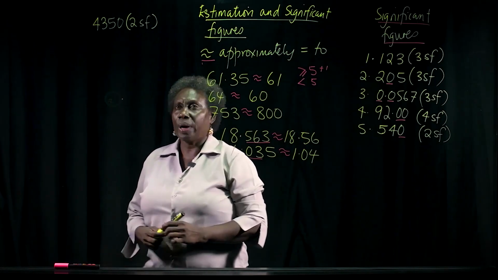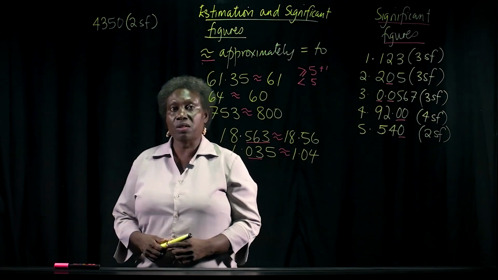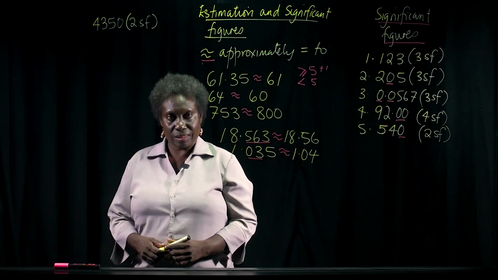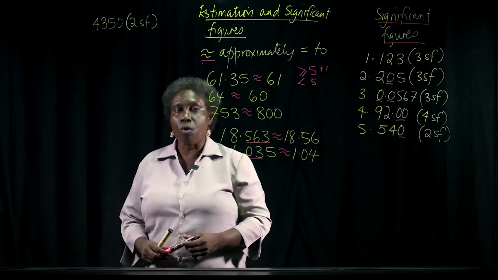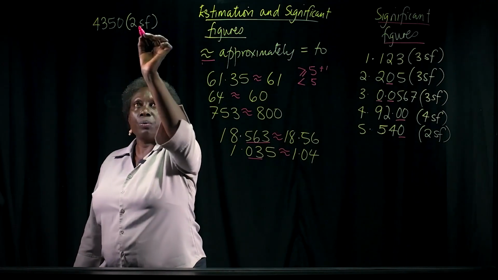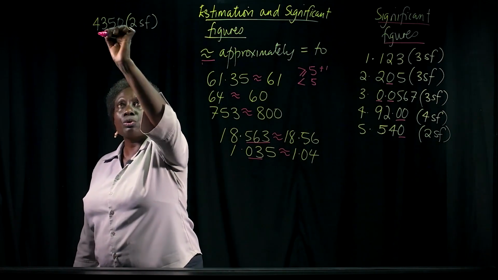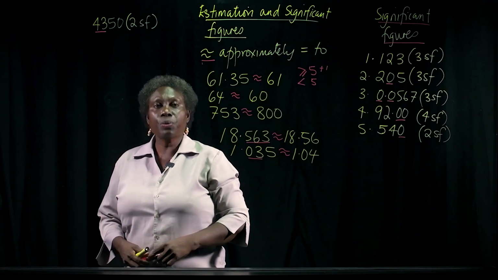Now, when we are rounding off numbers to the correct number of significant figures, we start from the first significant figure. In this case, the first significant figure is 4, and we count to the right. Now, we are required to write these two significant figures, so the second number is 3.